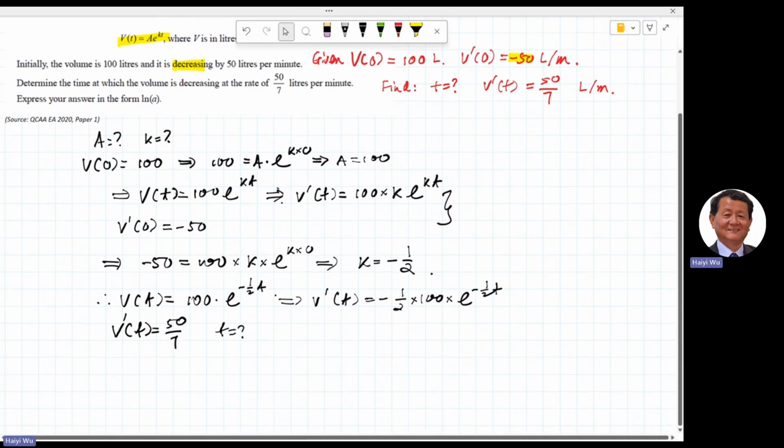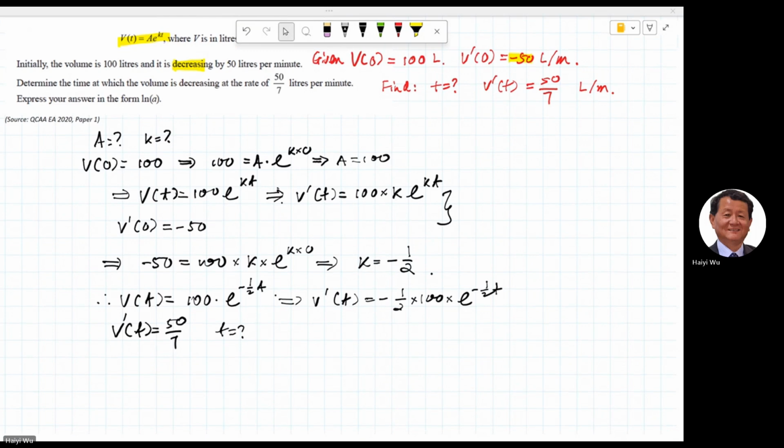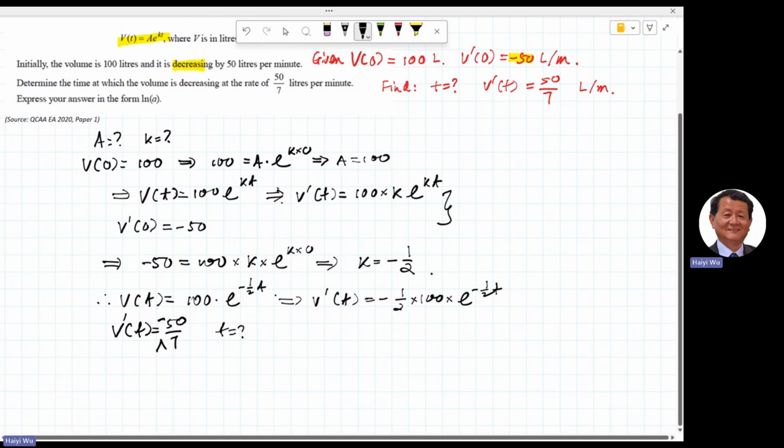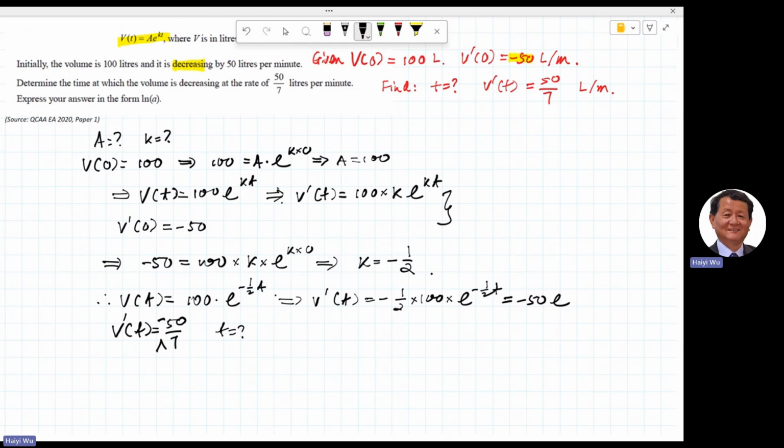The answer will be negative, because the decrease is negative: negative 50 times e to the power of negative half t.